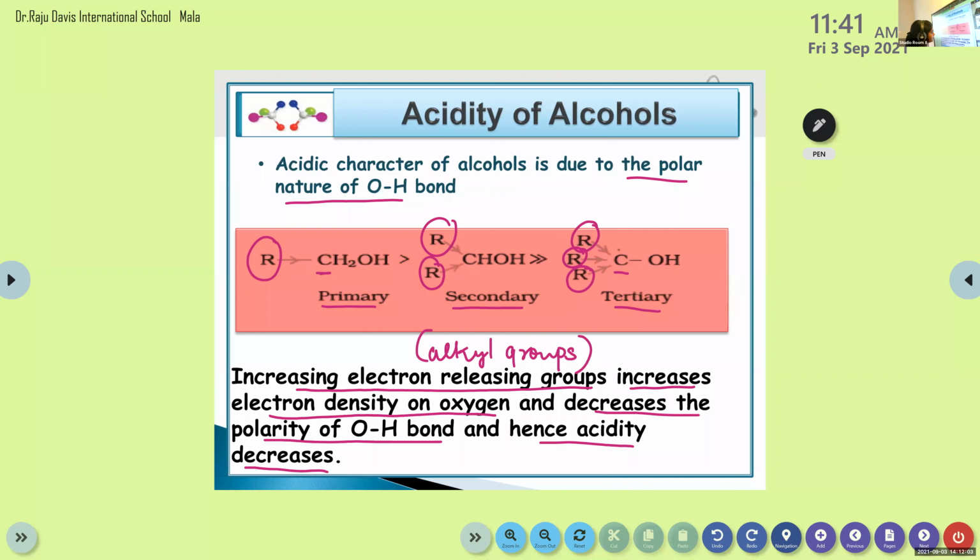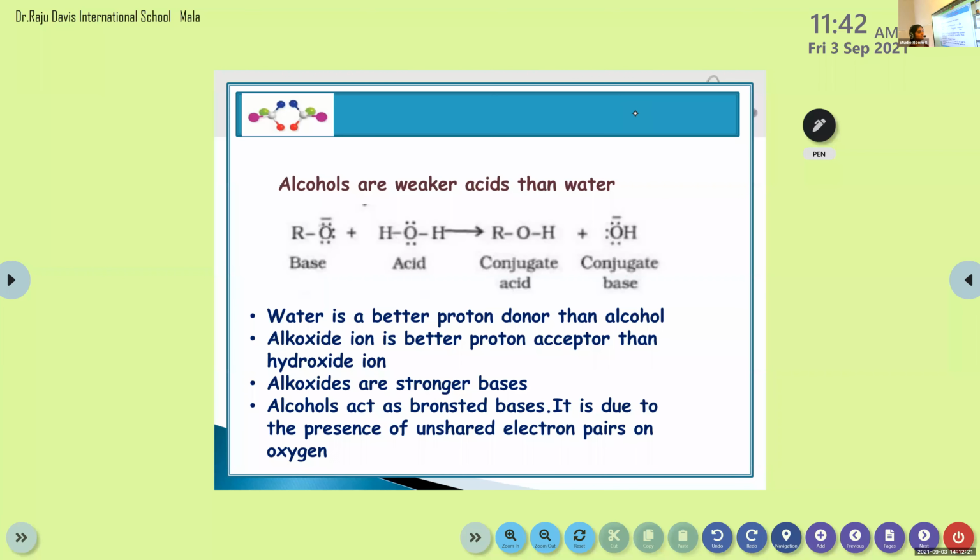Yes, right? Okay. Then we are comparing the acidic nature of alcohol with water. We learned that alcohols and phenols are acidic in nature. They act as Bronsted acids, right? They can donate H plus ions.